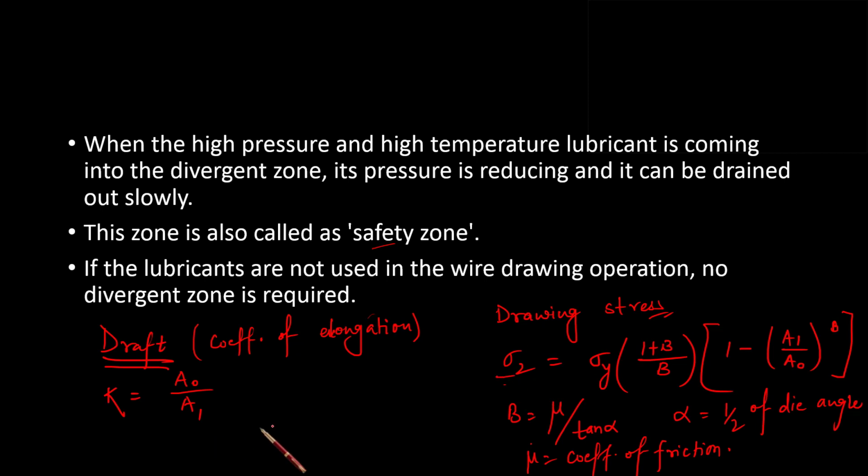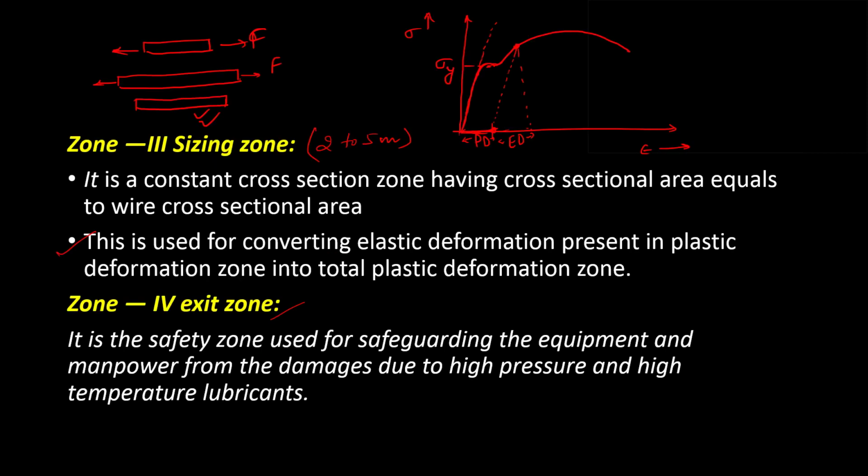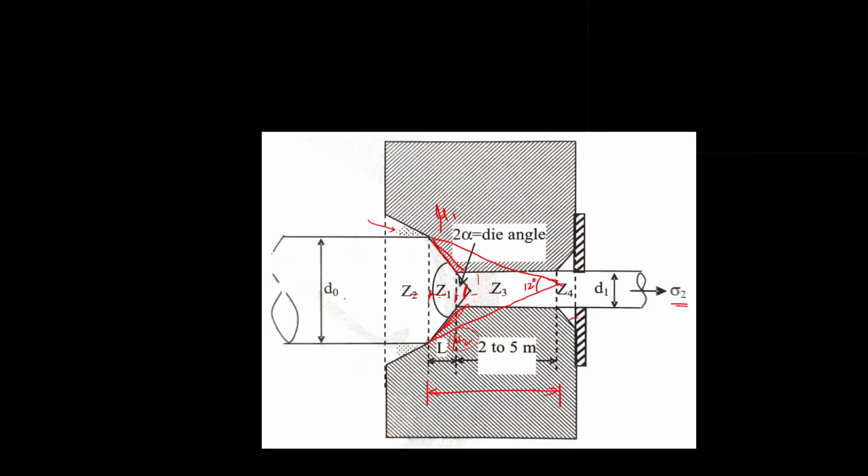What about load? The drawing load is equal to sigma 2 into how much, A naught or A1? What do you suggest? Look at this diagram. This is A naught and this is A1.